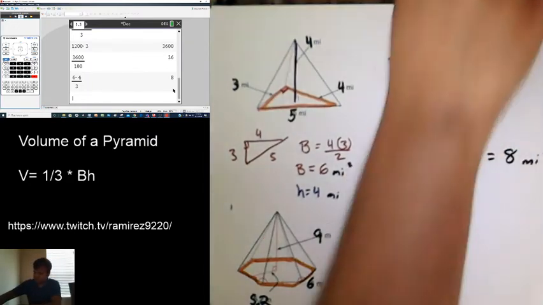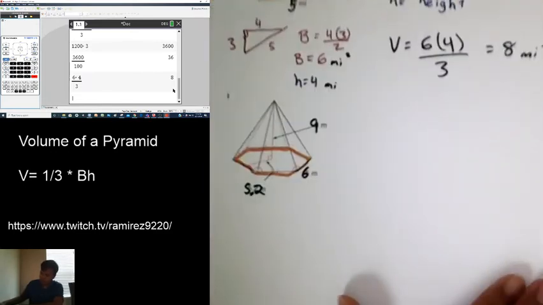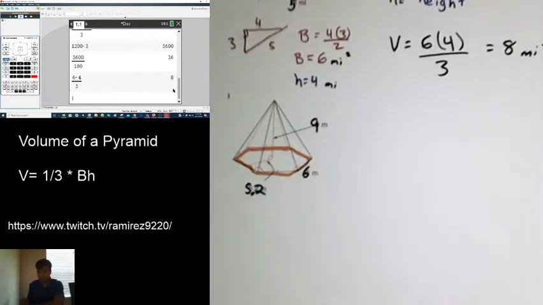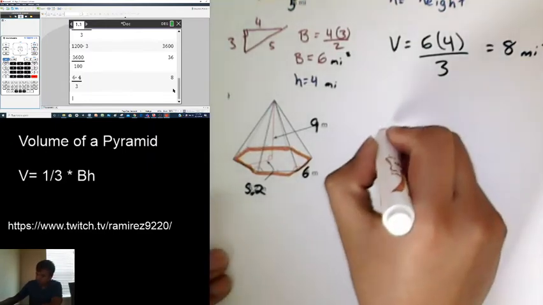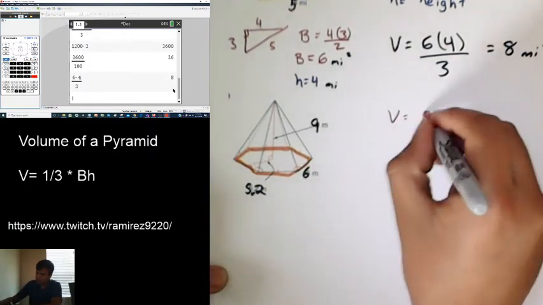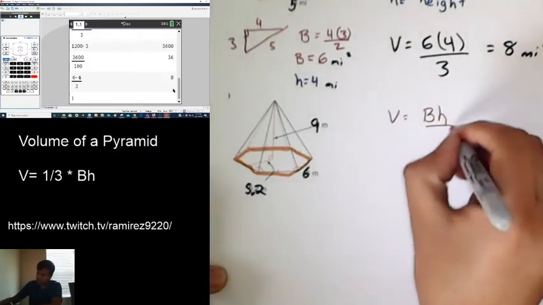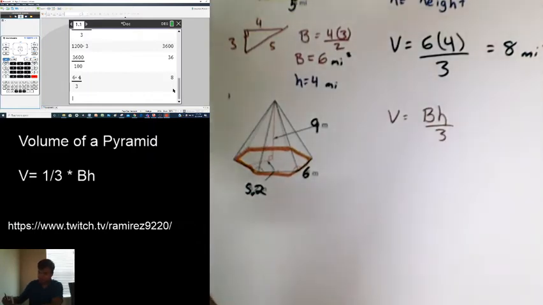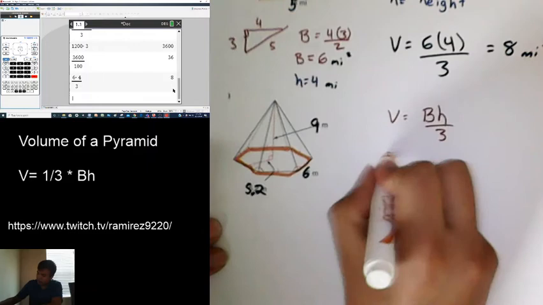All right, so next example. Again, we have a hexagonal pyramid, and we're going to be using the same formula to calculate the volume. And again, volume is just the area of the base times the height divided by 3. So I'm going to try to find the area of my hexagon.